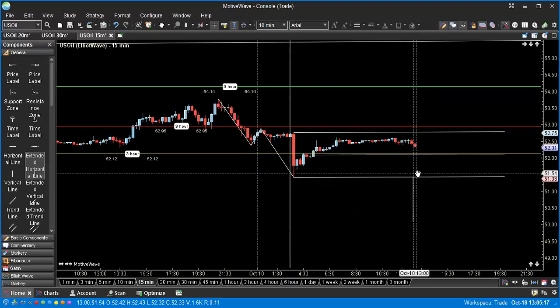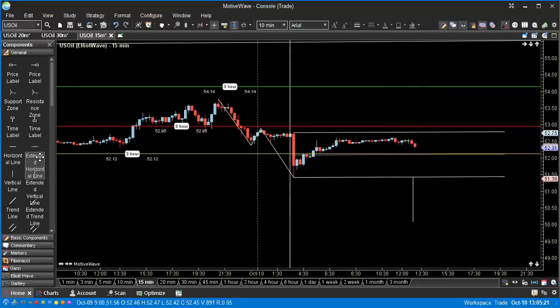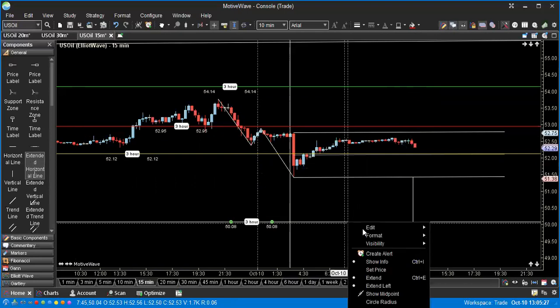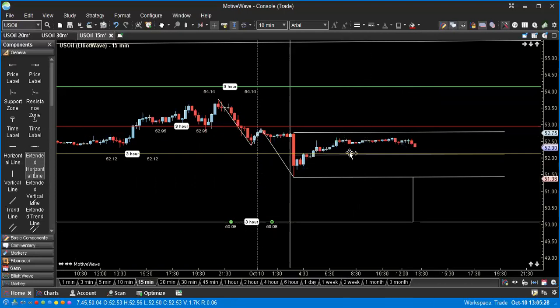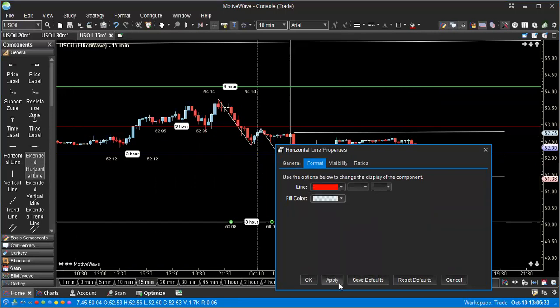So you have to be very cautious at this area. So for the breakdown, you can simply project the length of the channel to the downside. So that I'll mark as, say, this color.